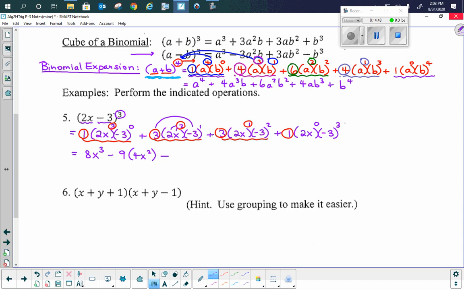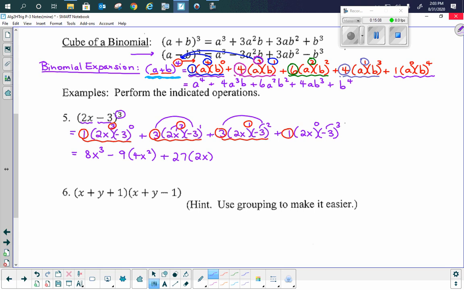Okay, and then plus, well, this squared is going to make that +9 times that 3 is going to give me 27 times 2x, because it's to the first. And last but not least, negative 3, so negative cubed, it will be negative.